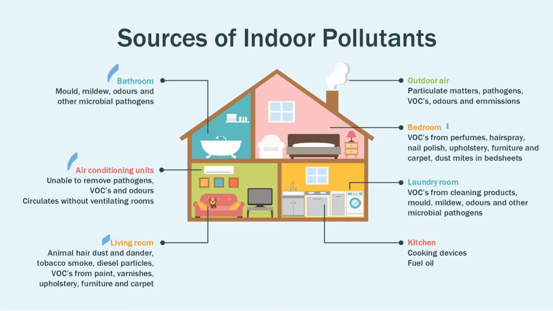In your bedroom, VOCs from perfumes, hairspray, nail polish, upholstery, furniture, carpet, and dust mites in bedsheets. In your laundry room, VOCs from cleaning products, mold, mildew, odors, and other microbial pathogens. In the kitchen, cooking devices and fuel oil can be sources of indoor pollutants.